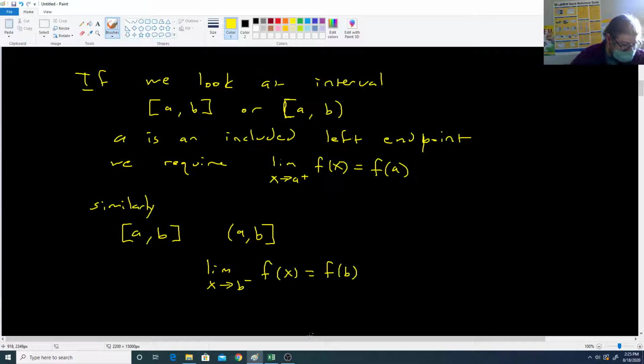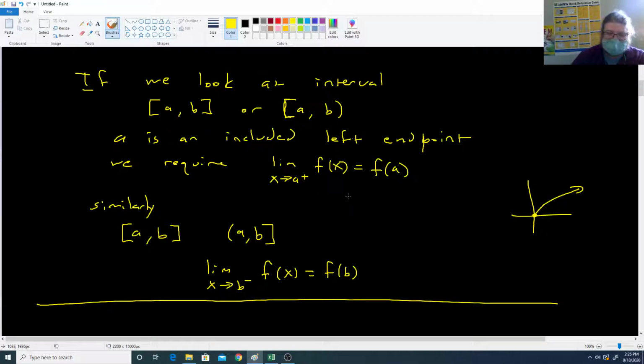We'll talk more about these with an example, but this is how you handle it if you have like a square root graph and you want to talk about continuity and the graph just stops here, doesn't exist beyond that. We'll do some examples to make this make more sense.